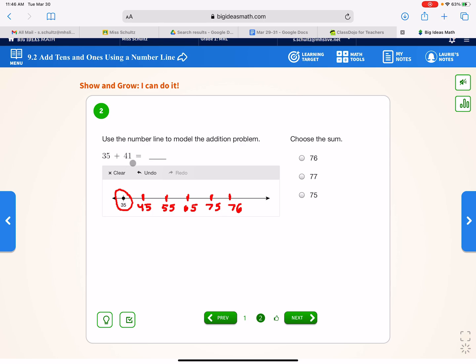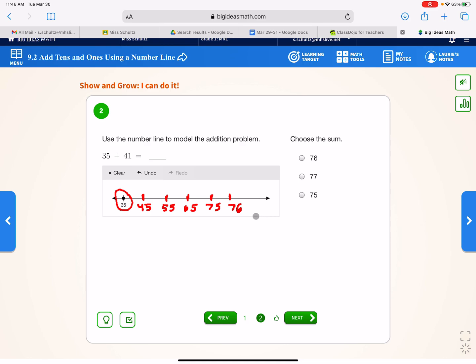Then I have 1 in my ones place, so I just went up by 1. After I counted up by tens 4 times, since 4 was in my tens place in 41, I look at my ones place to see how many ones I need to put in my number line. Since I only have 1, I only put 1, which was 76, because 75 plus 1 is 76.